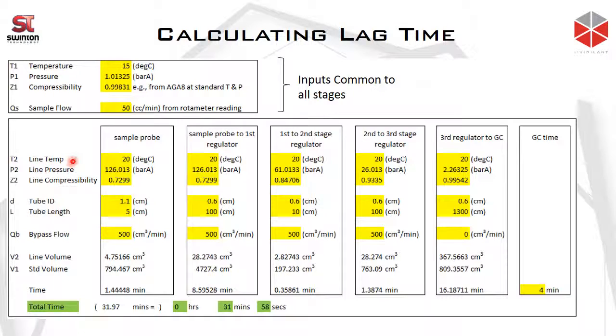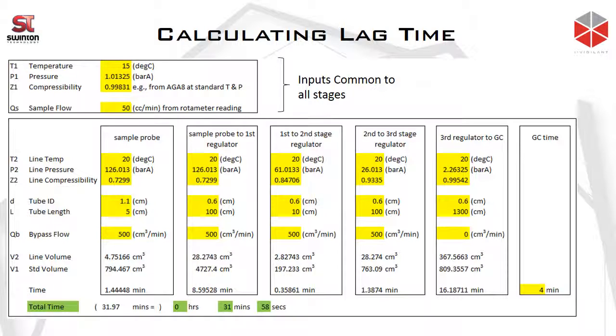So that is the temperature and the pressure at that particular stage, the corresponding compressibility, which we can find from the AGA3 standard, for example, the tube size, or the tube internal diameter at that stage, the length of the tubing at that stage, and also we have to include the bypass flow when it affects that particular stage.